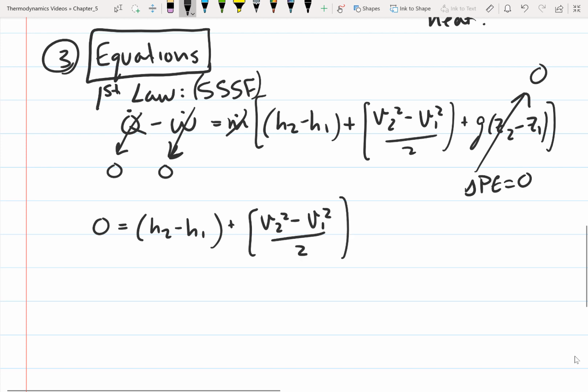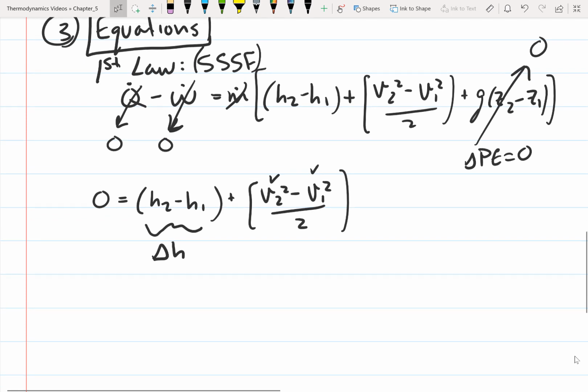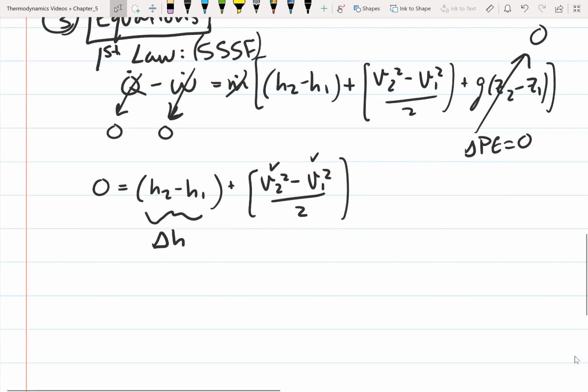All right, so there are a couple of ways we can approach this. Basically, we know what these are, like the inlet and outlet velocities were given, and we can get this a couple of different ways. Basically, we're looking for delta H. We can look up H2 and H1 on the air table, because we do have a table with thermodynamic properties available for air.